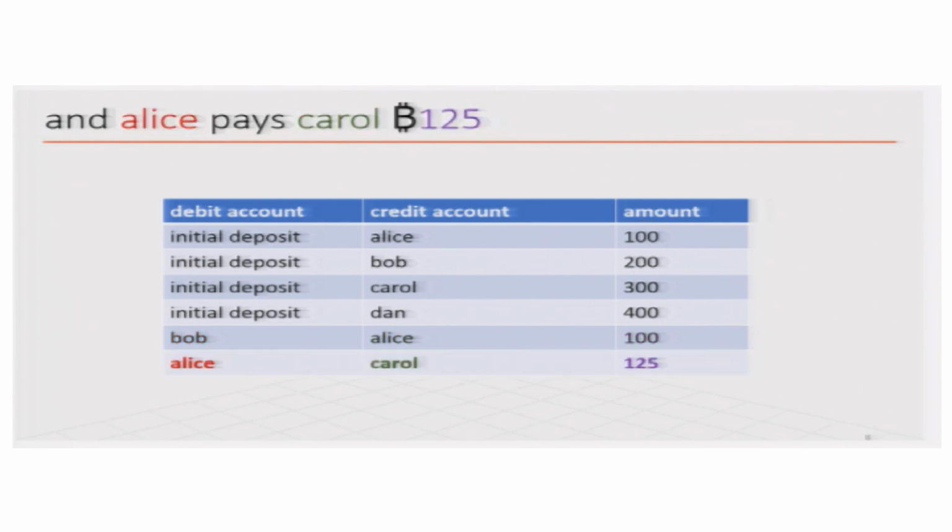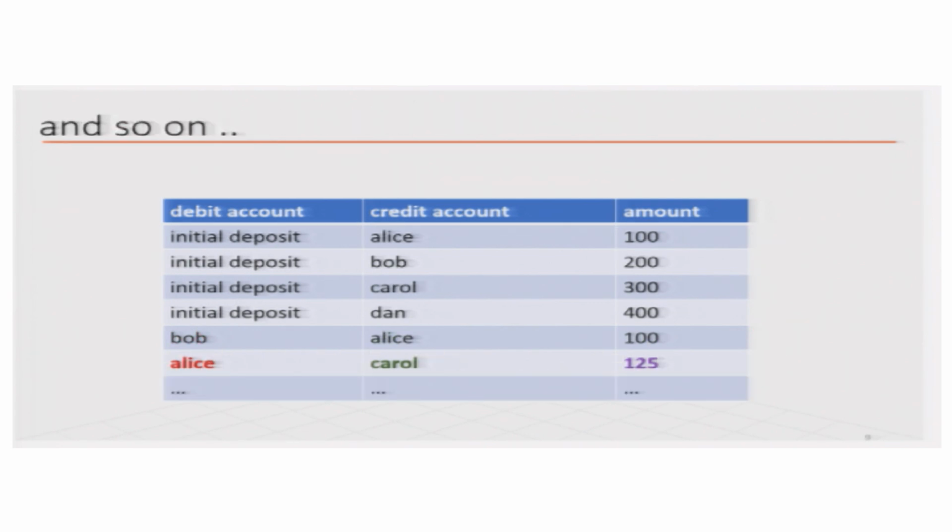At this point Alice also gives some money to Carol, in the amount of 125. So, we have 2 new transactions after the initial deposit transactions: Bob gives Alice 100, let us say bitcoins, and Alice gives Carol 125 bitcoins, and so on.